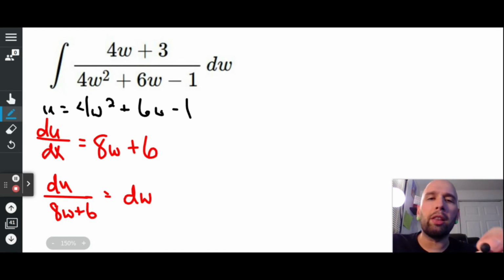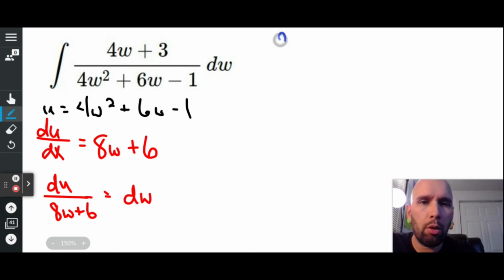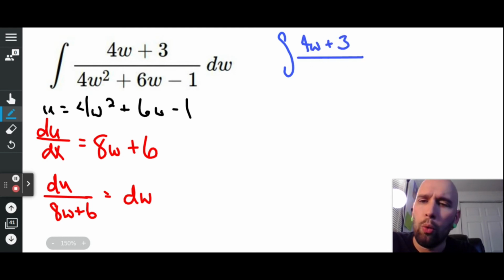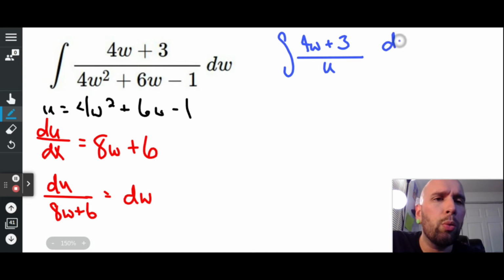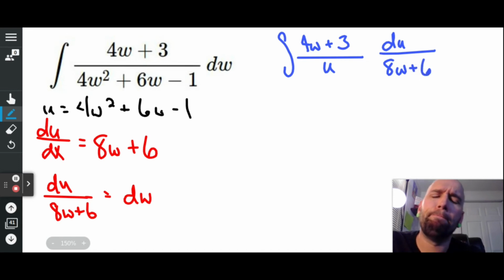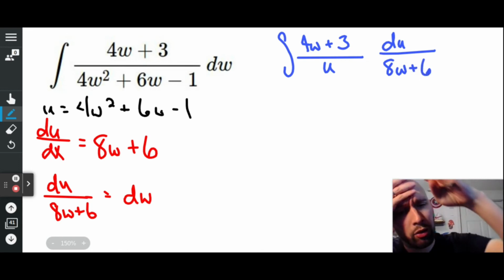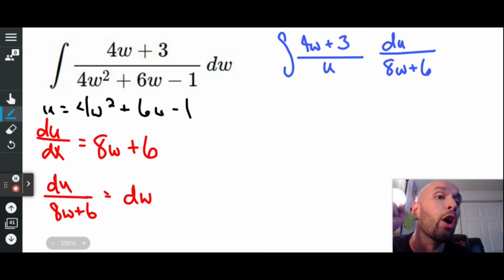All right, so let's rewrite the original guy, replacing a few things. So 4w plus 3 doesn't seem to change over u. And I have du over 8w plus 6. Now here's the thing. I'm not allowed to just cross out because they're not the same. But you know what?